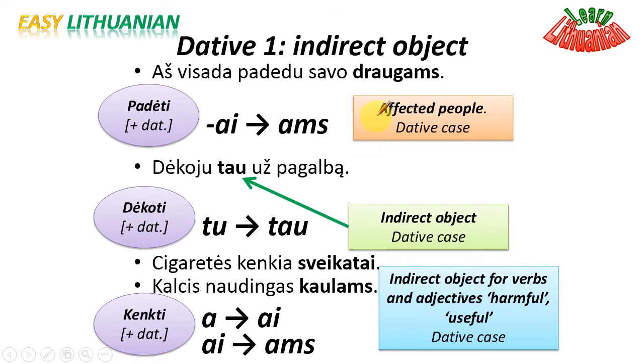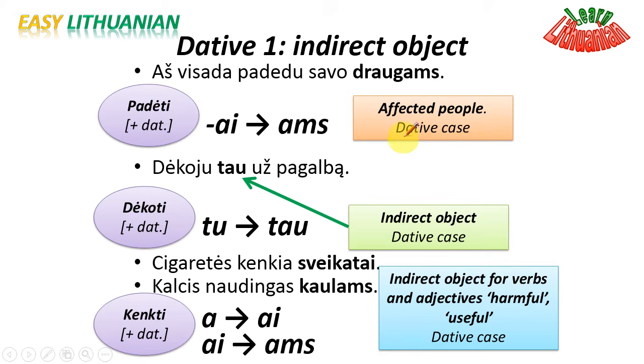So the people affected, the objects that are, well, indirect, are in dative case. Draugai turns to draugams, dative case, for friends. Because the verb padėti, padeda, padėjo, is always used with dative case.